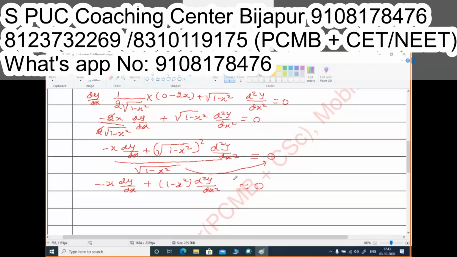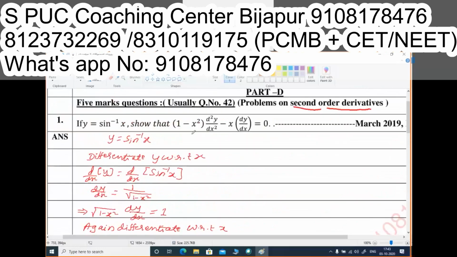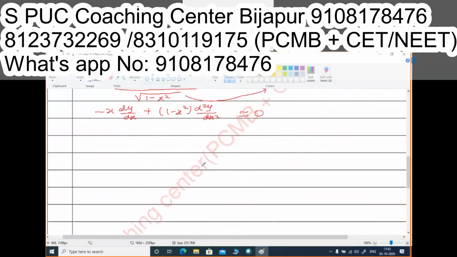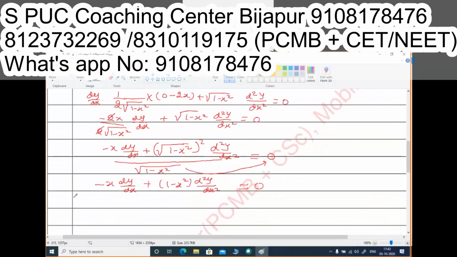But he has asked to show it with 1 minus x square first and thereafter this. Accordingly, whatever he has asked, I am going to write. Therefore first it is 1 minus x square into d square y by dx square.